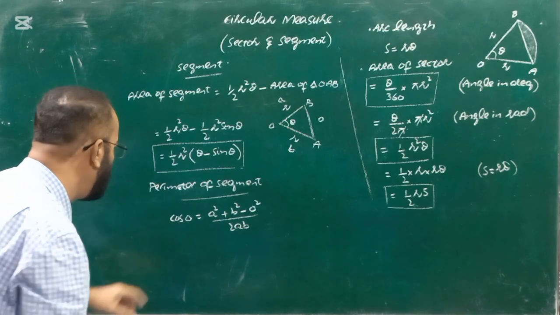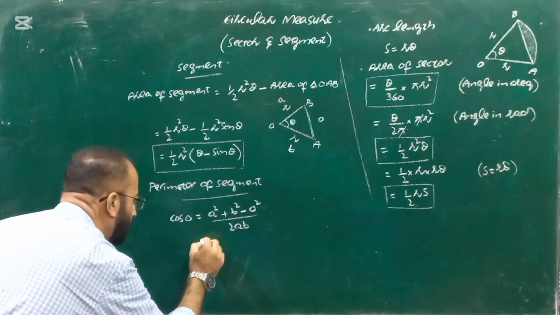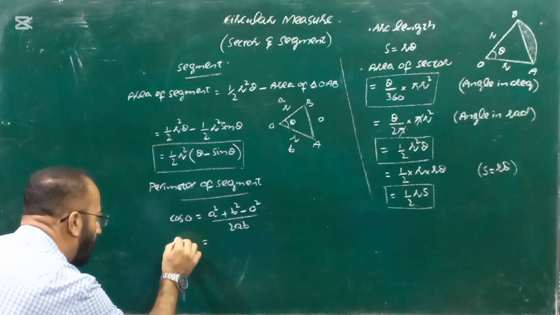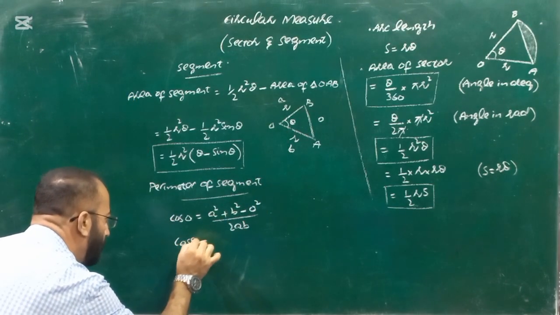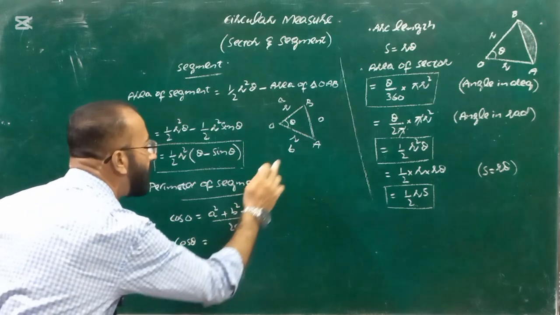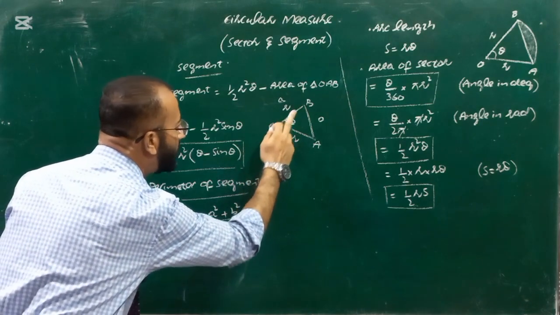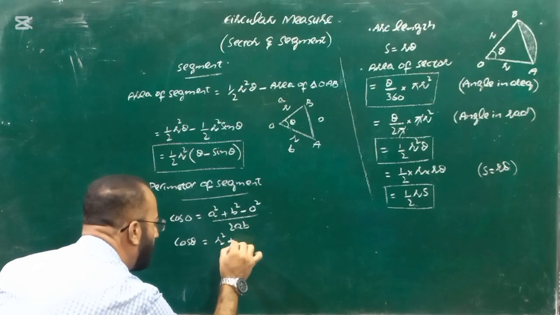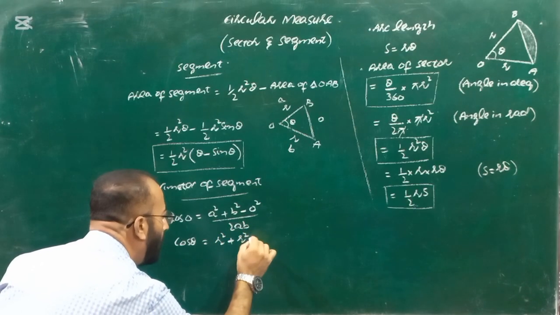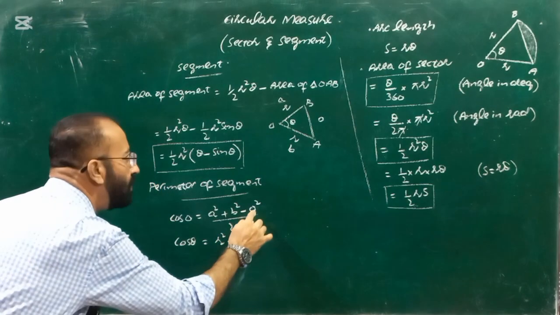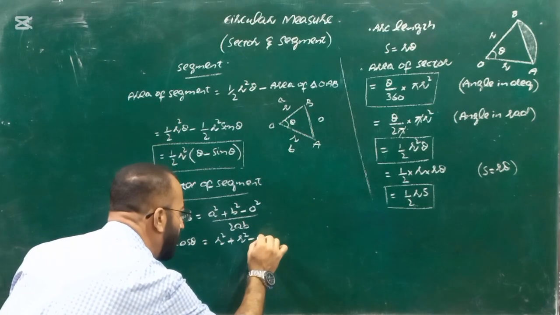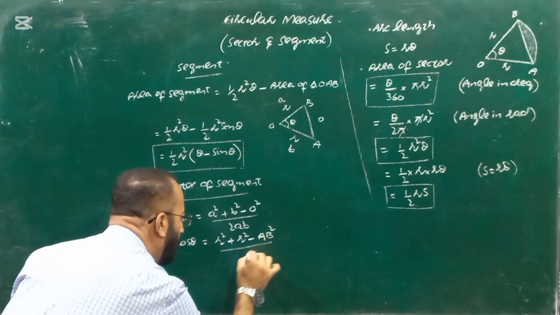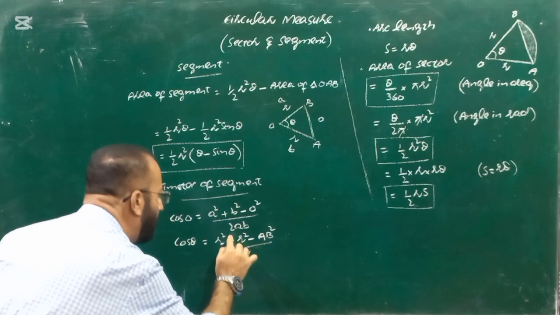Now we are going to put the values into it. O angle is theta, so cos theta is equal to A side is R, B side is also R. So R square plus R square minus O side is missing, that is AB side. So AB square over 2AB.